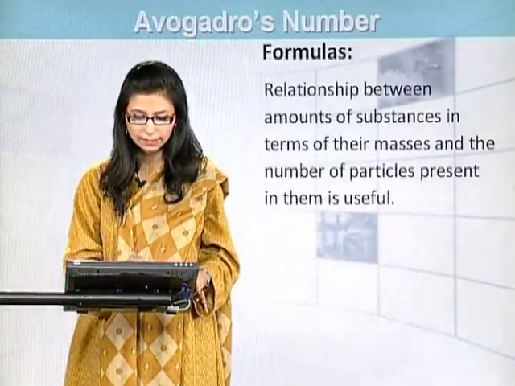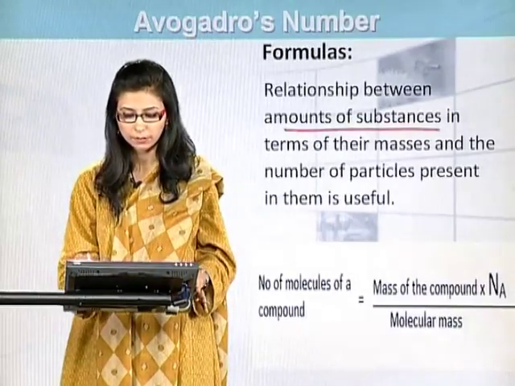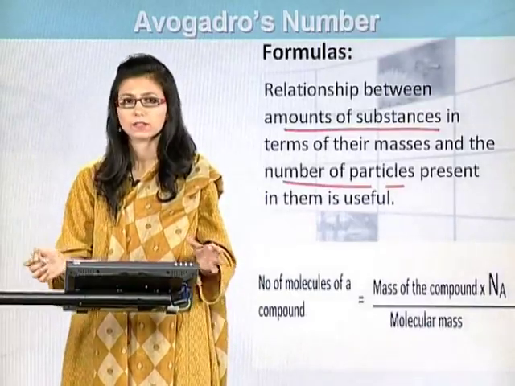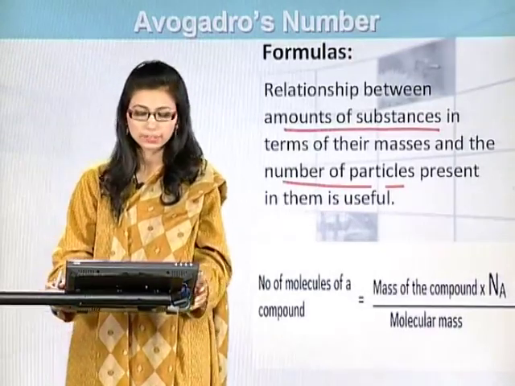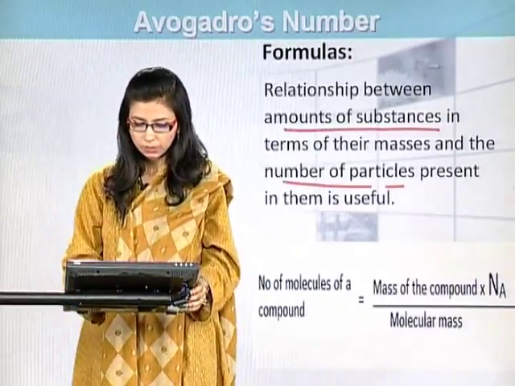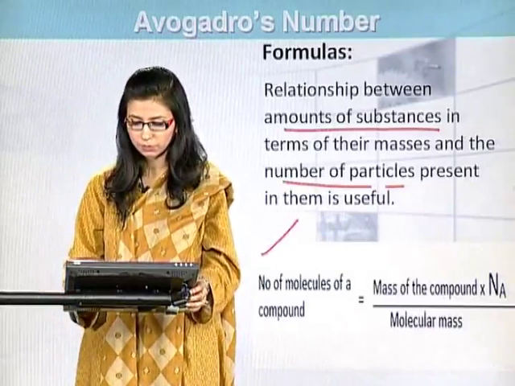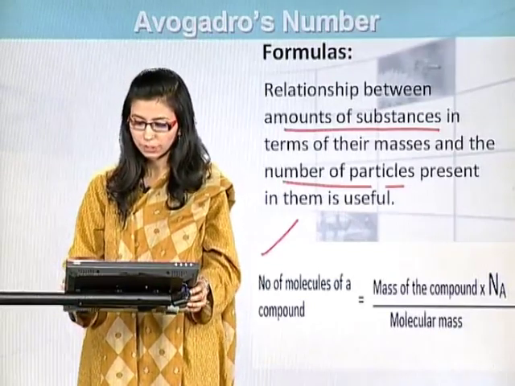Certain formulas देखते हैं कि जिनमें हम define कर सकें the relationship between the amount of substance in terms of their masses with the number of particles. Like I said, कि mole जो कि substance का unit है, उसमें हम number of particles determine करना चाहते हैं. So here we have a formula that number of molecules of a compound is equal to mass of the compound into N_A, Avogadro's number, divided by its molecular mass.